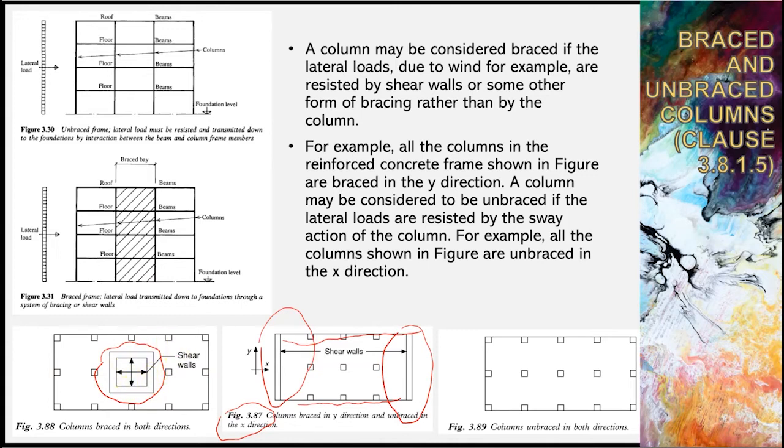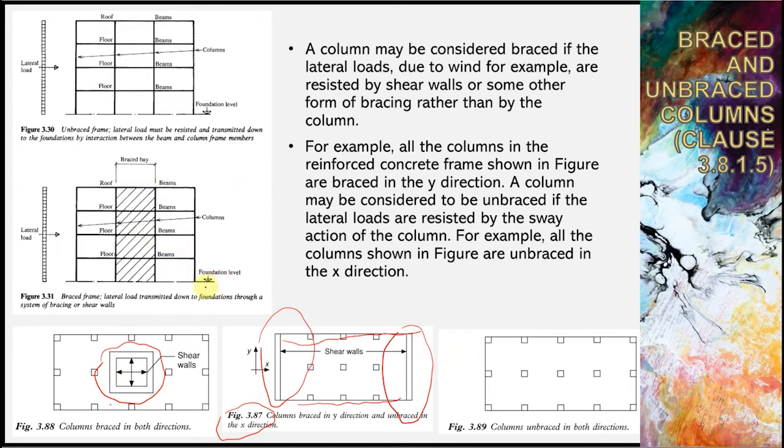So you install the shear wall, and it also considers the other columns to be braced, in both directions because of the shear wall. For the lift, maybe in the middle, or you have a core in the middle for the sake of bracing.